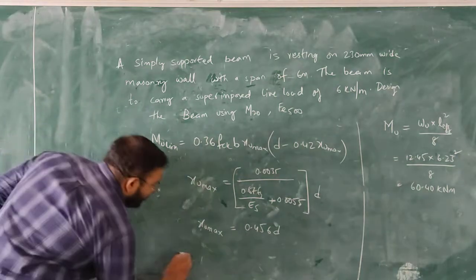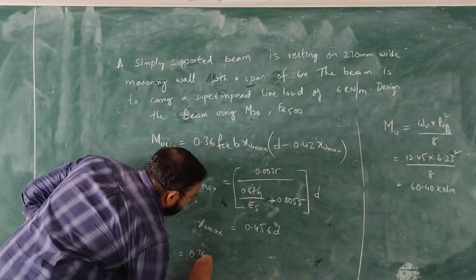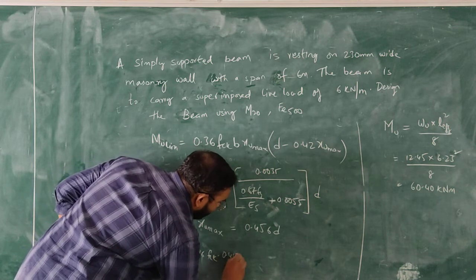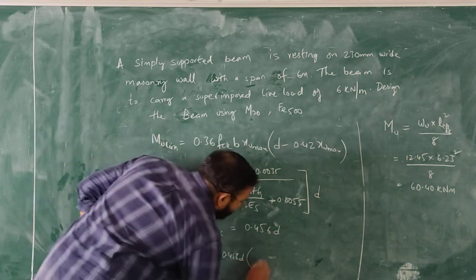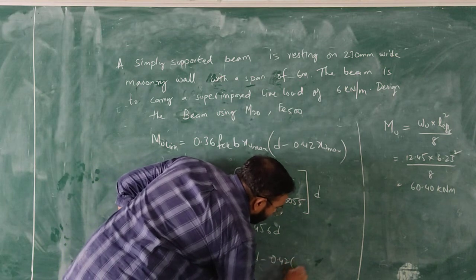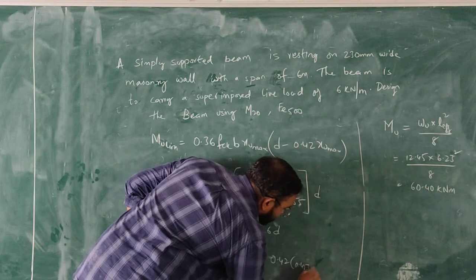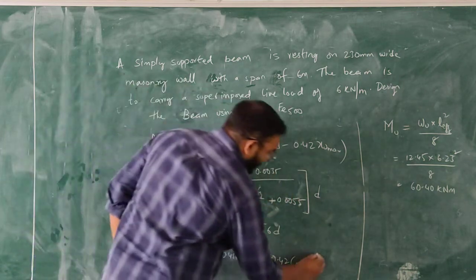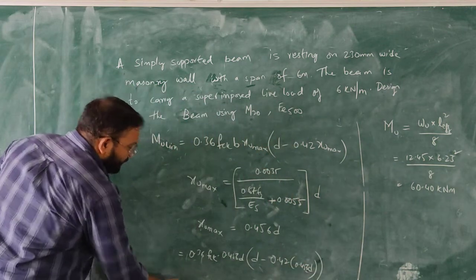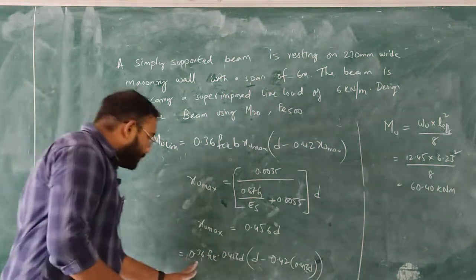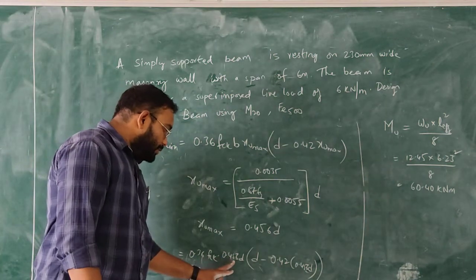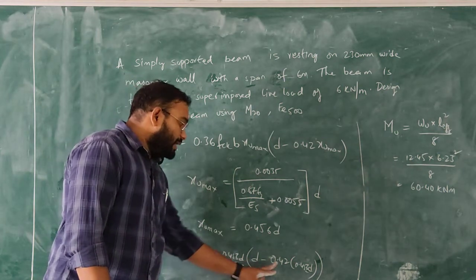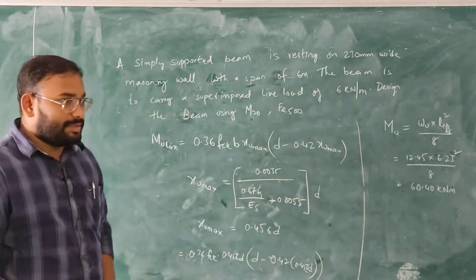So now it will be 0.36 into fck multiplied by 0.456 D into D minus 0.42 into 0.456 D. Tell me, you multiply 0.36 into 0.456 into 1 minus 0.42 into 0.456.